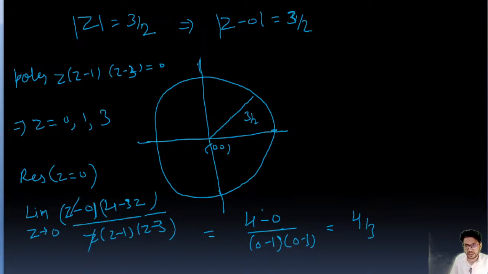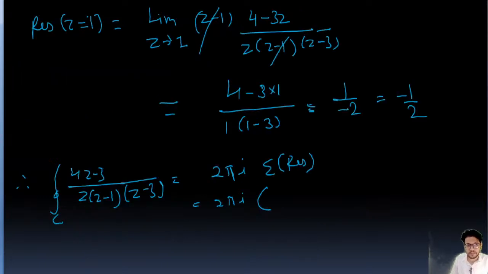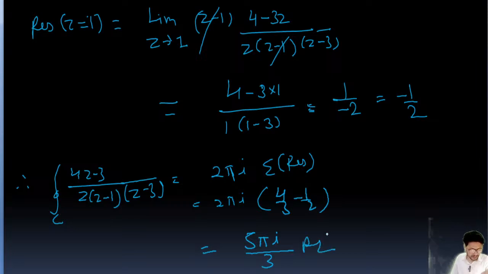So 2 pi I into (4 by 3 minus 1 by 2). Solving it, this is going to be 5 pi I upon 3. So this is the answer, 5 pi I upon 3.